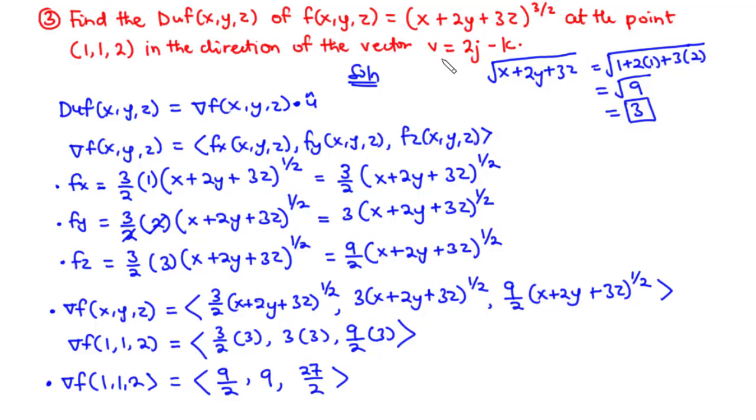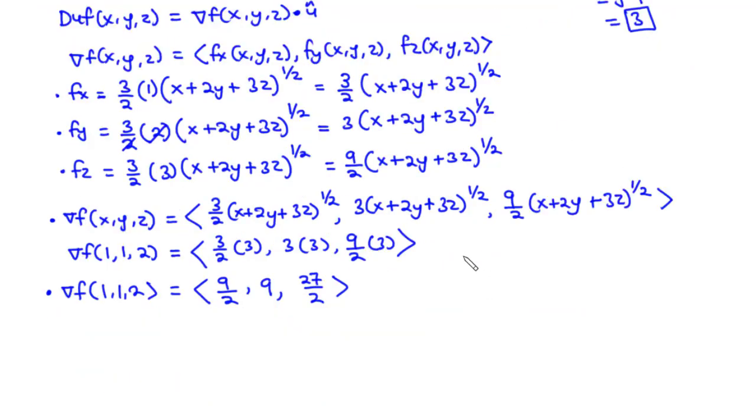Next, we need to evaluate the unit vector from the direction vector. So let's do that here. We are going to let the unit vector be u cap. So let u cap be the unit vector.